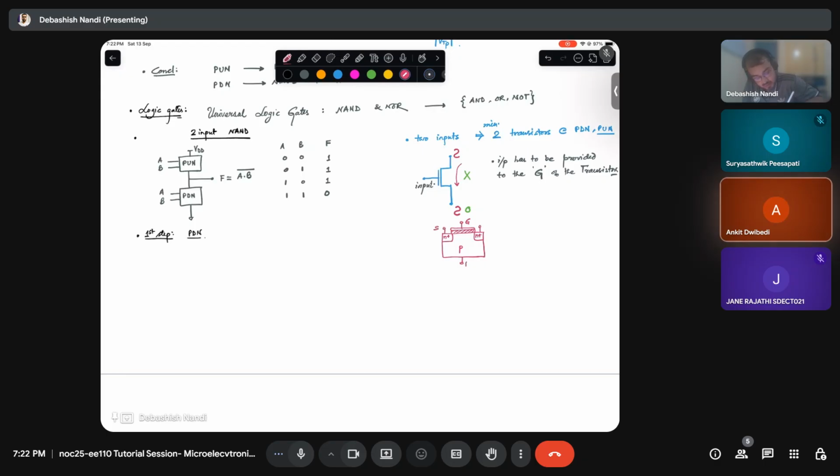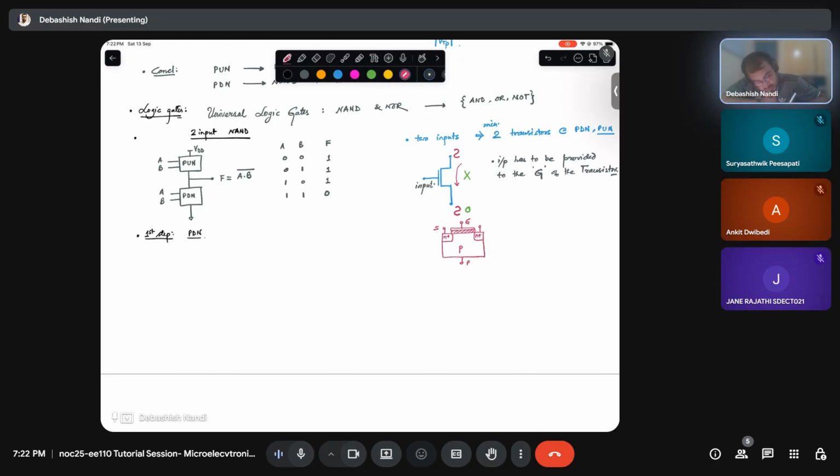Yes, sir. So this kind of structure is basically called your bulk MOSFET or your conventional MOSFET. Okay. Now I am showing you something different.